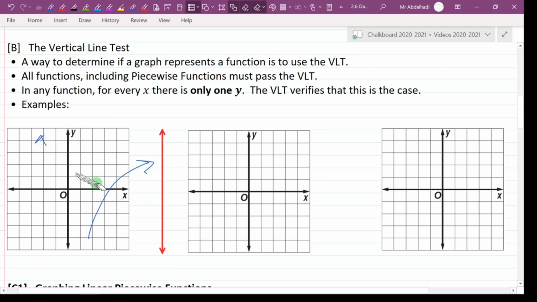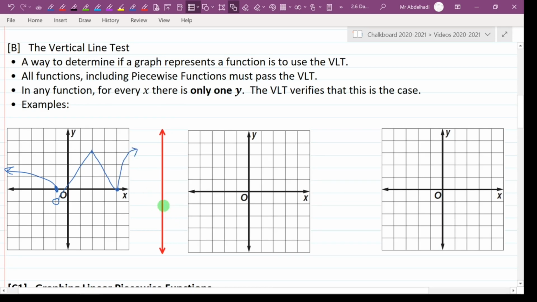Okay, so let me try a different function and see if this passes the vertical line test. Let me try, I don't know, a reverse square root function, for instance. An absolute value function starting from here. And then, I don't know, part of a parabola.